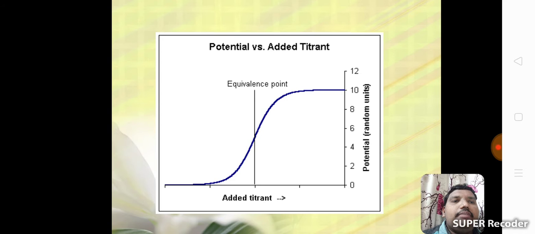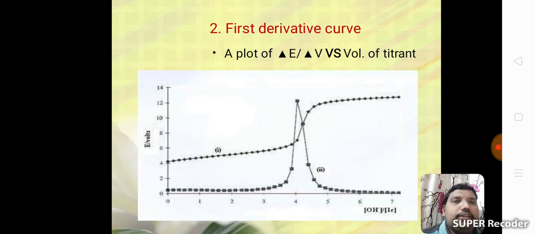See the normal one, EMF versus volume of titrant. Here the graph is like this. It gradually increases, like an S-shaped curve. That is the normal curve, EMF versus volume of titrant solution.